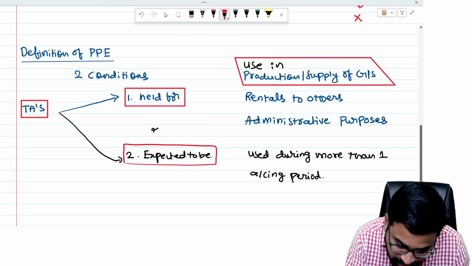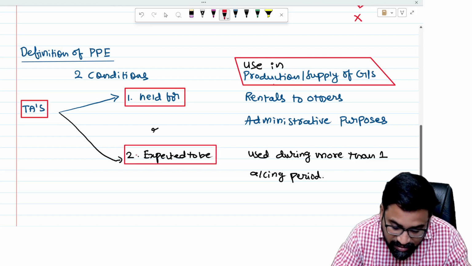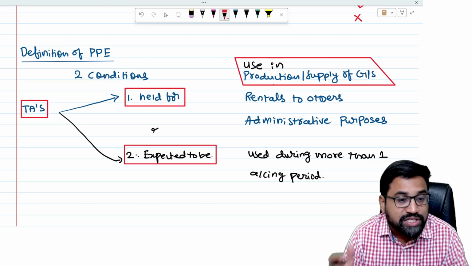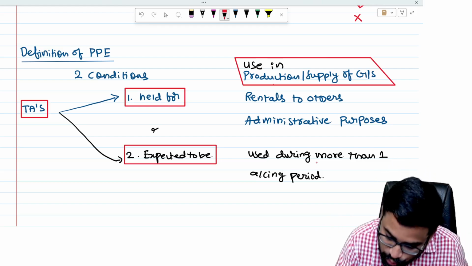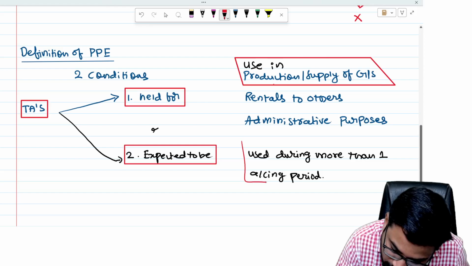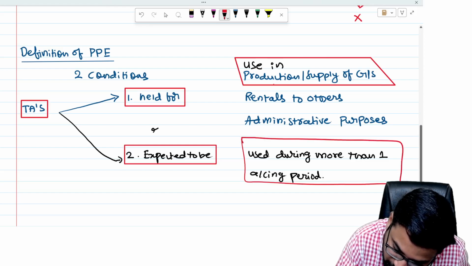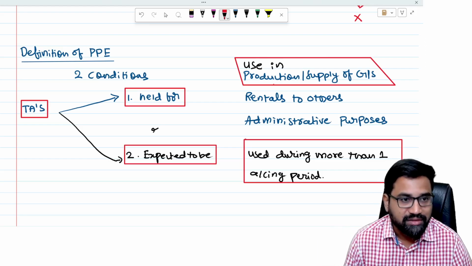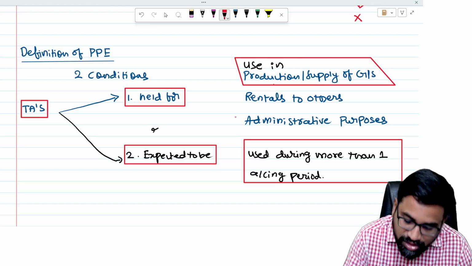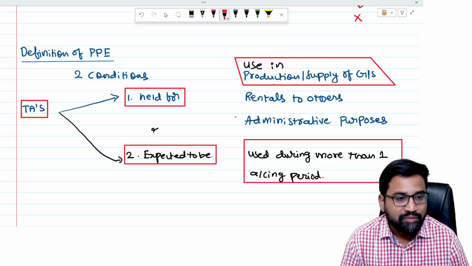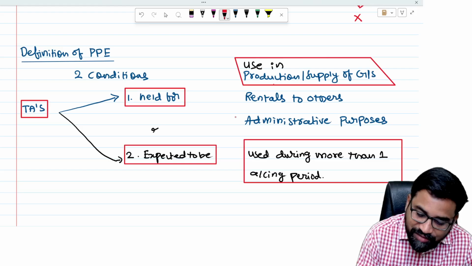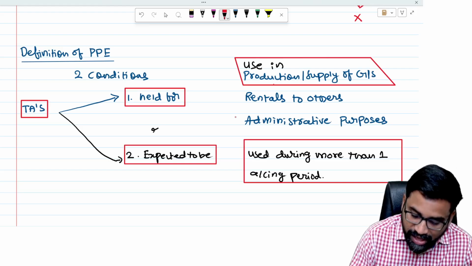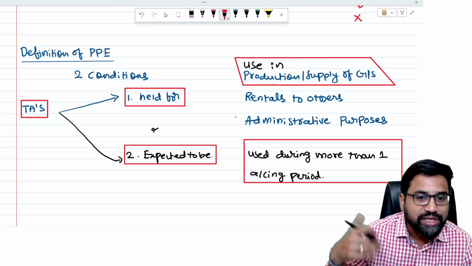What is the second condition? Held for use in production or supply of goods and expected to be used during more than one accounting period. And that asset we want to use for more than one accounting period. For example, plant and machinery held for use in production and we are expecting to use it for more than 1 year.